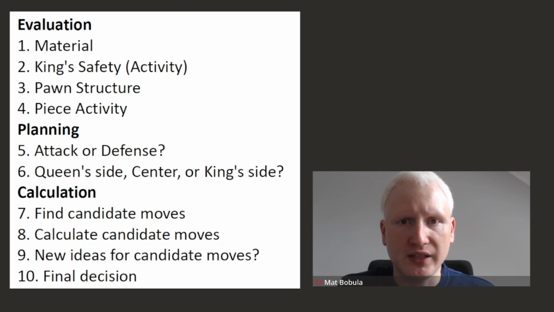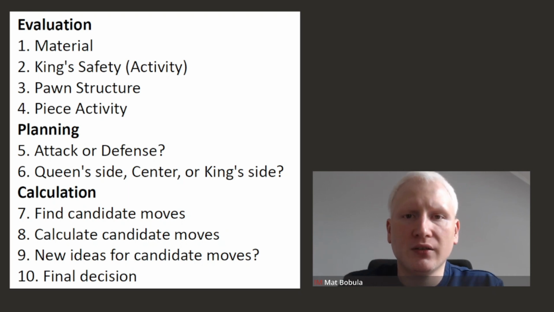Always end calculation on your own move. And at the end of such a variation, you have to judge it. So you have to say that white is slightly better or black has got a big advantage. You just need to judge every move, because later it will be much easier to compare moves. You will just compare final evaluations of the position.